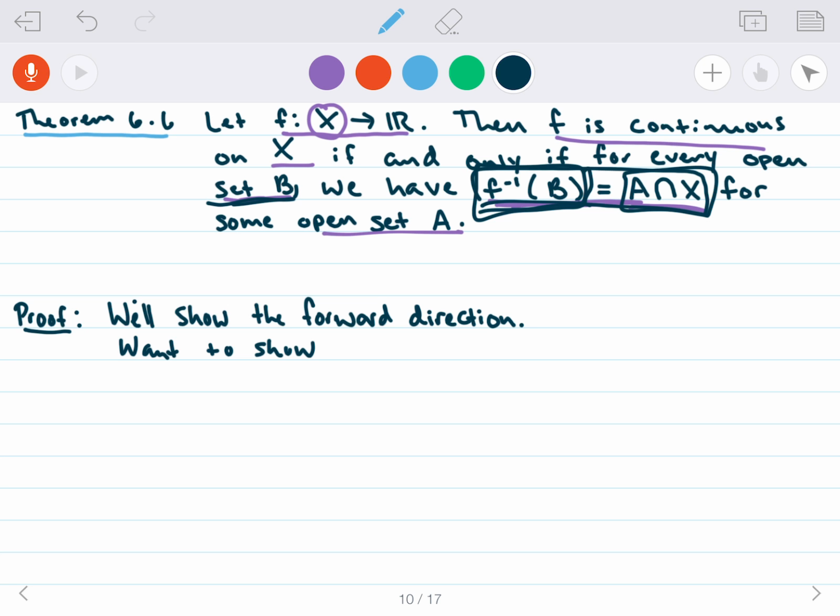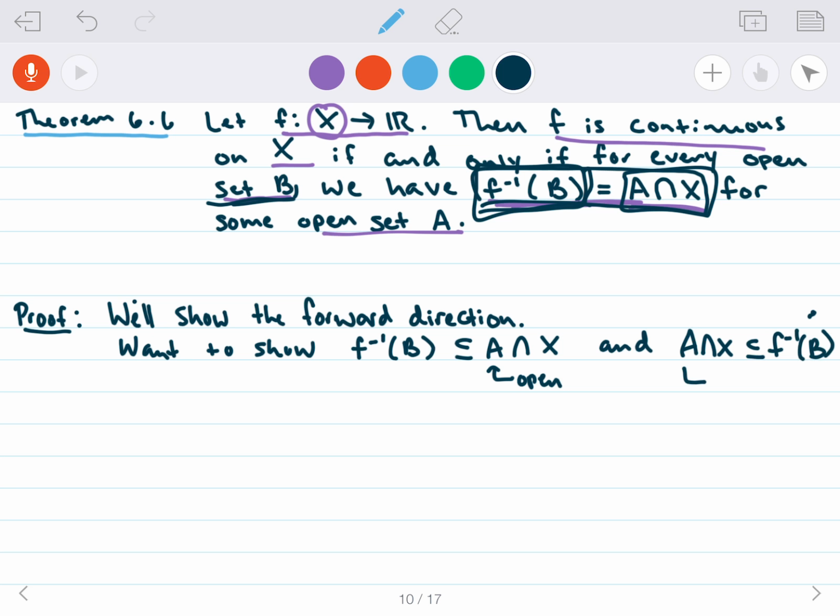So let me just write it down. We want to show that the pre-image of B is contained in A intersect X, where this guy is open, and that A intersect X is contained in the pre-image of B, where this guy is open.